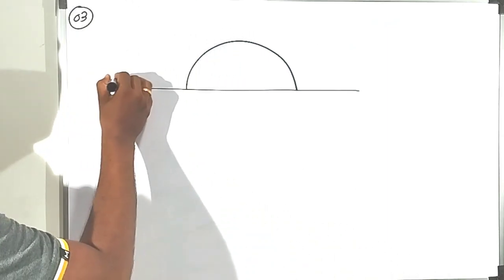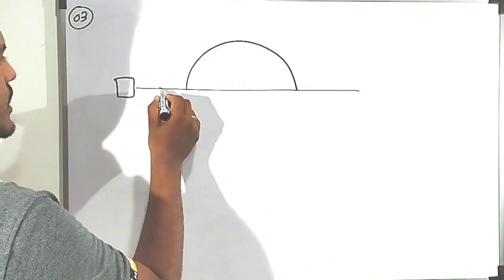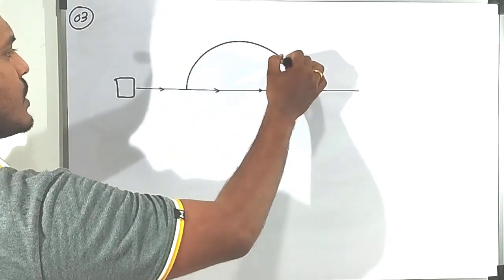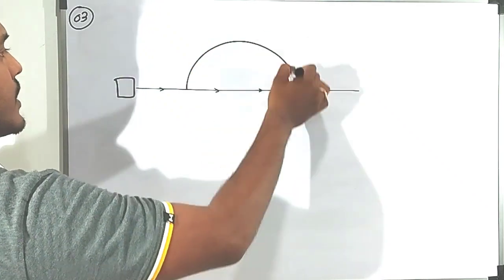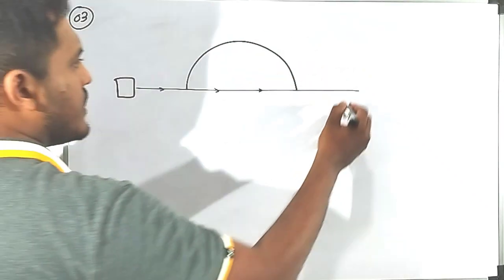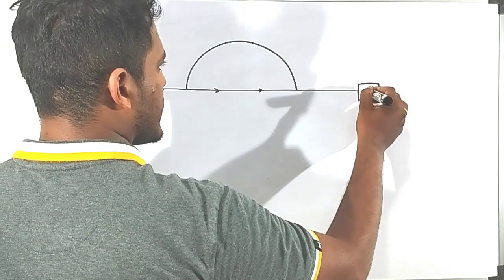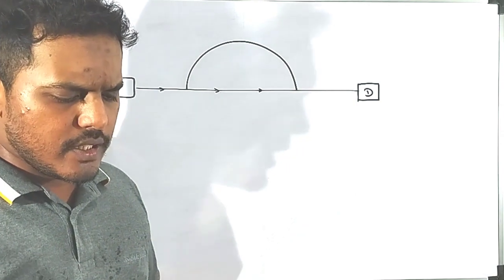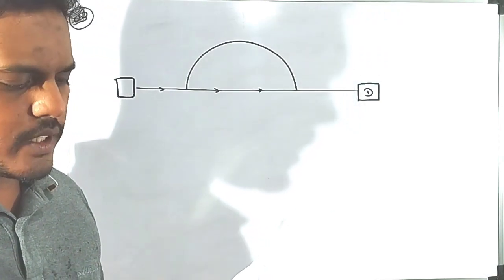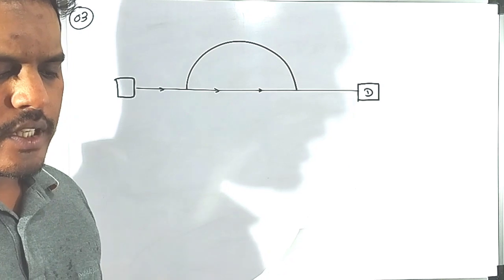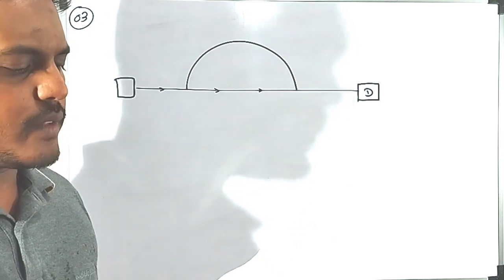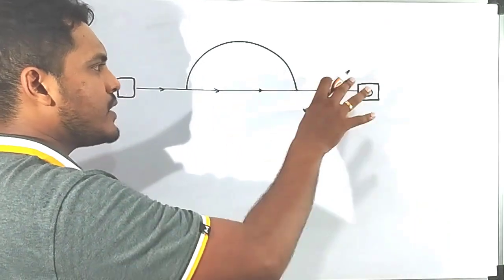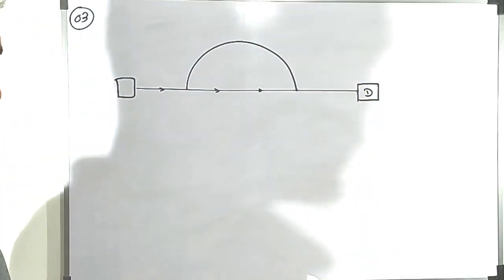Waves move along the linear path, and other waves move along the circular path, and then come to the detector. Since the 2 waves interfere, a complete wave is formed according to interference.